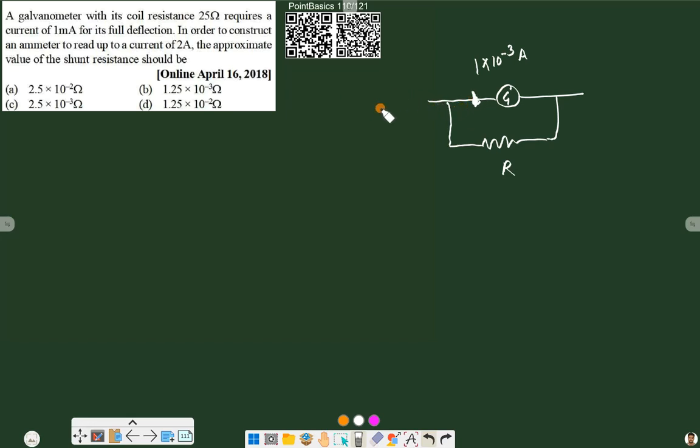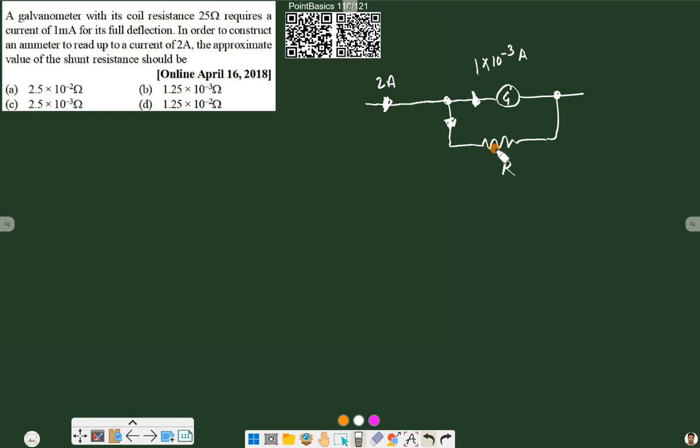So if 2 ampere current is flowing from source, then out of this 2 ampere, only 1 into 10 raised to power minus 3 or 1 milliampere current will go through the galvanometer, and remaining will go through this resistance, and that will be effectively 2 ampere because this is very small as compared to 2 ampere. So using potential equation, we can say that potential across this galvanometer is equal to potential across this resistance.